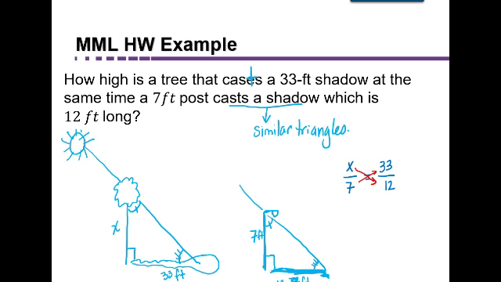Okay, so let's see, 12 times x is 12x, and then we have 7 times 33. Let's see, what's 7 times 33? That's going to be 210 plus 21 is 231. Check my arithmetic for me, guys. So 12x equals 231. And then we're going to divide both sides by 12. Let's see what that turns out to be. Pull out our handy dandy calculator here.